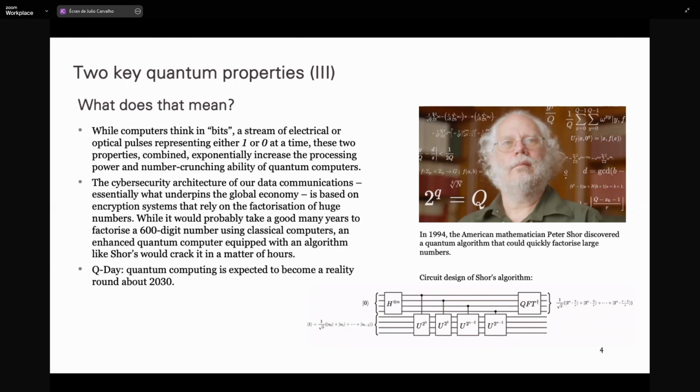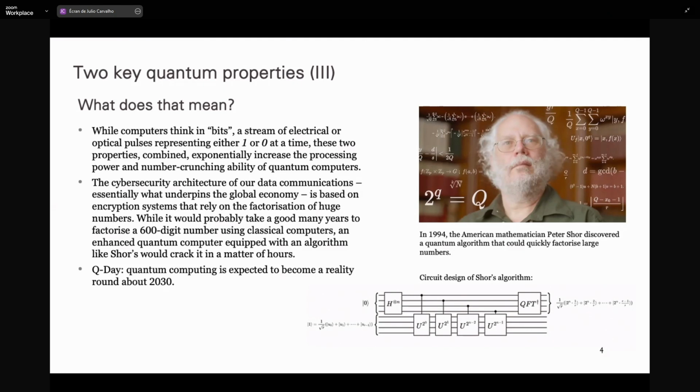While it would probably take a good many years to factorize, let's say, a 600-digit number using classical computers, an enhanced quantum computer equipped with an algorithm like Shor's would crack it in a matter of hours. So this puts the entire cybersecurity architecture of the web in jeopardy, right?